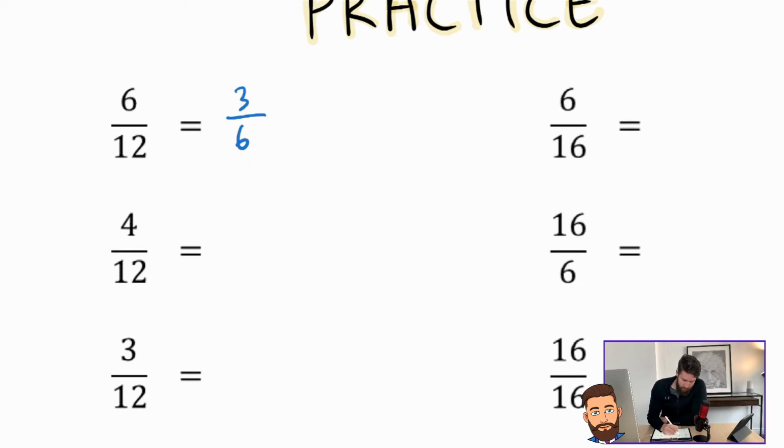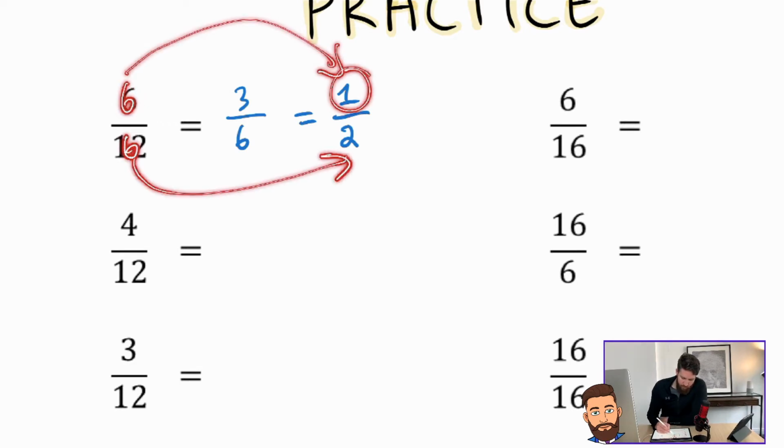Well, 3. 3 goes into 3 and 6. How many times does 3 go into 3? Once. How many times does 3 go into 6? Twice. And you might have spotted instantly that 6 over 12 is a half, which is brilliant because that means 6 is the biggest number that goes into 6. 6 goes into 6 once. 6 goes into 12 twice.